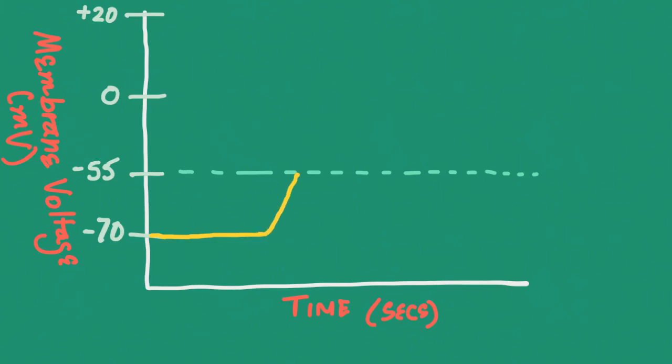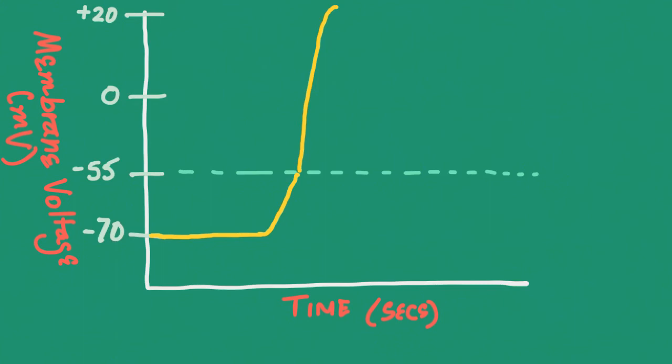When an impulse arrives, ligand-gated sodium channels open, sodium rushes in and causes a depolarization. We call this stage the local potential. The range of the local potential is from minus 70 millivolts to minus 55 millivolts. When the voltage reaches minus 55 millivolts, we call this the threshold voltage, it triggers the opening of voltage-gated sodium channels.